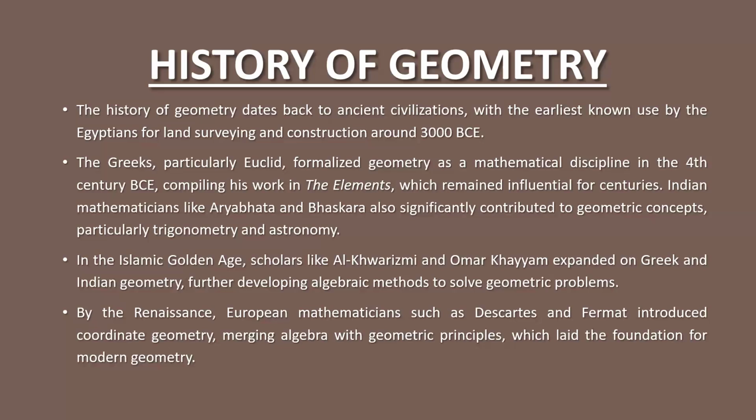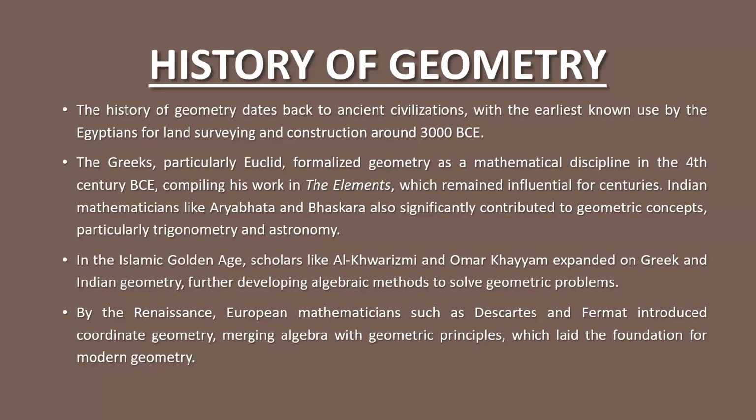In the Islamic Golden Age, scholars like Al-Khwarizmi and Omar Khayyam expanded on Greek and Indian geometry, further developing algebraic methods to solve geometric problems.